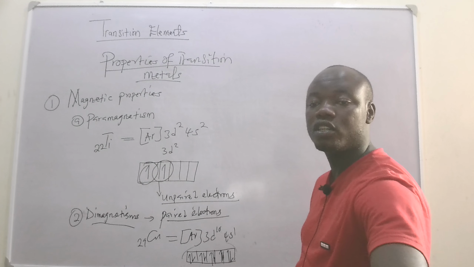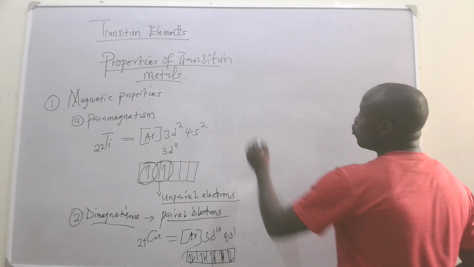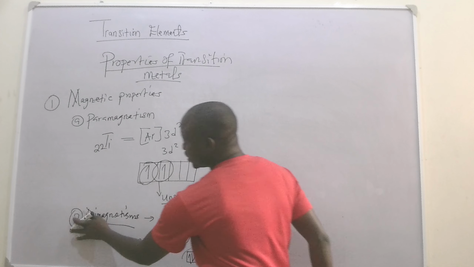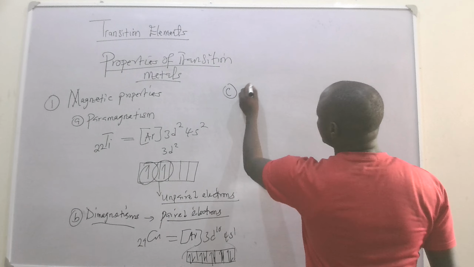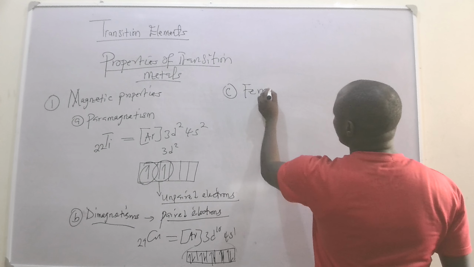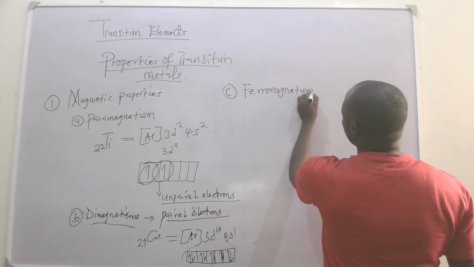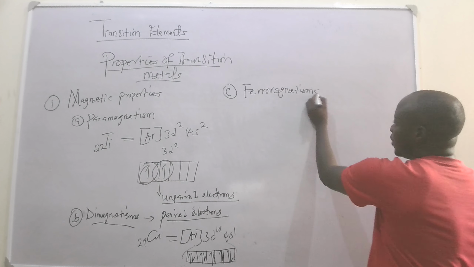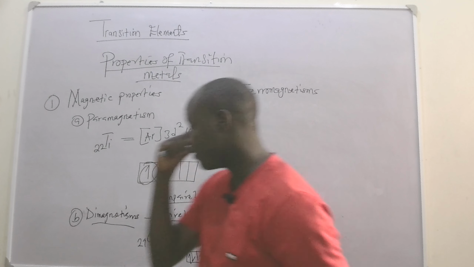The next property under these magnetic properties is ferromagnetism, which is number C. This one was B. Ferromagnetism applies to elements that are extremely paramagnetic.